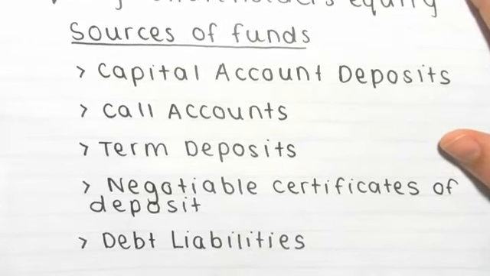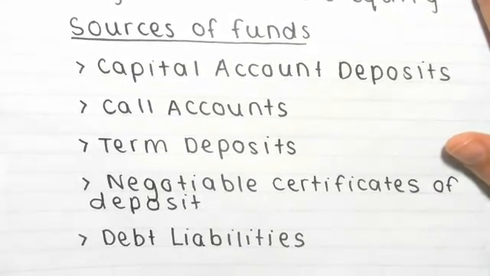There's also debt liabilities, which are a long-term security which is issued in the capital market. These liabilities can either be secured, such as debentures, or unsecured, and they can either be fixed to a certain asset or floating.